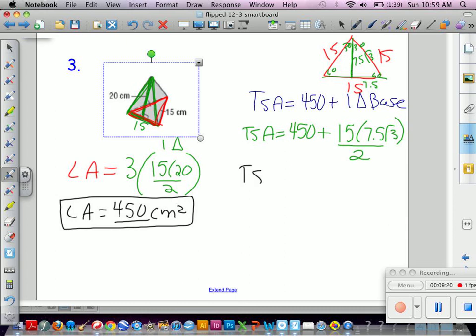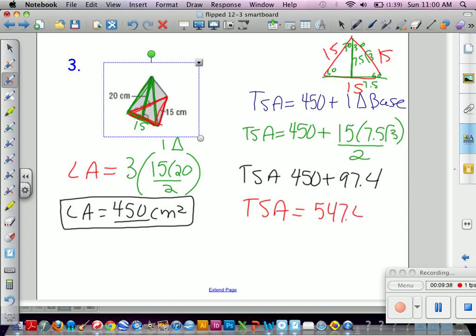Go ahead and punch that into your calculator. I still got 450 for my LA, and then I'm getting 97.4. So now I'm going to add those two together, and that gives me 547.4 centimeters squared.